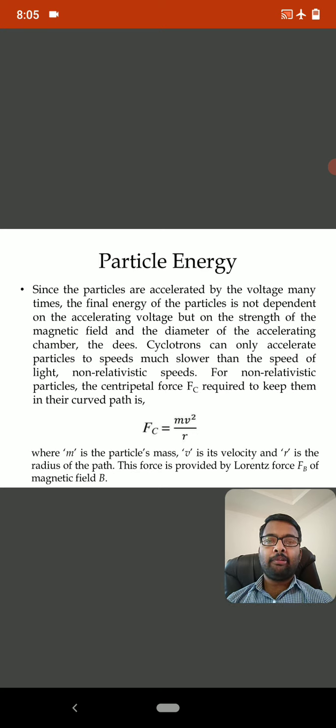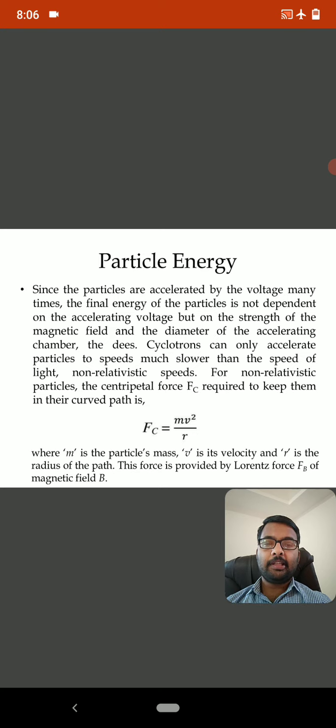So for non-relativistic particles, the centrifugal force Fc required to keep them in their curved path is Fc equal to mv square by r. This is the general expression for the centrifugal force, which is responsible for keeping those charged particles in the circular path, where m is the mass of the particle, v is the velocity with which they are moving, and r is the radius of the path.